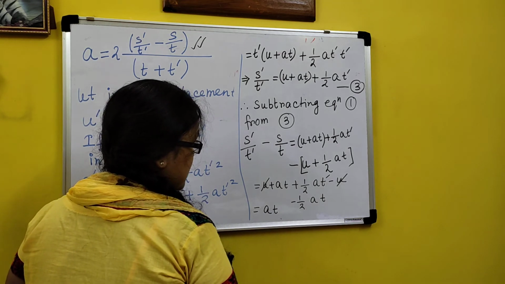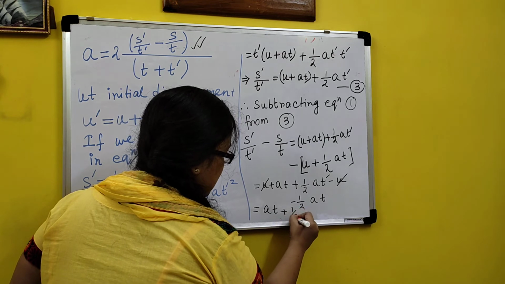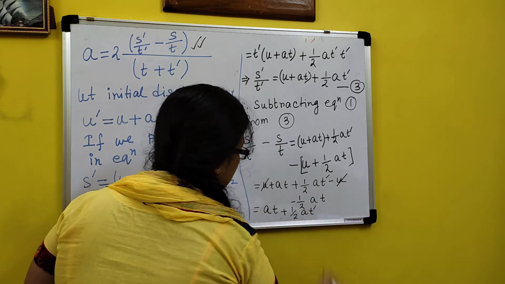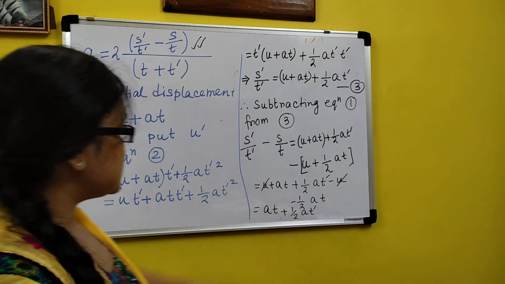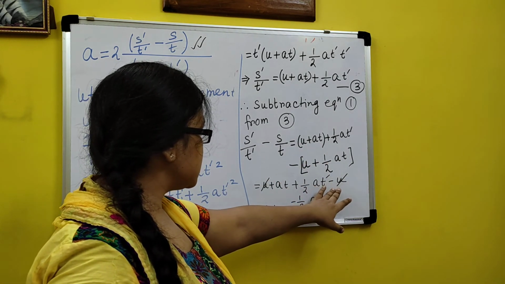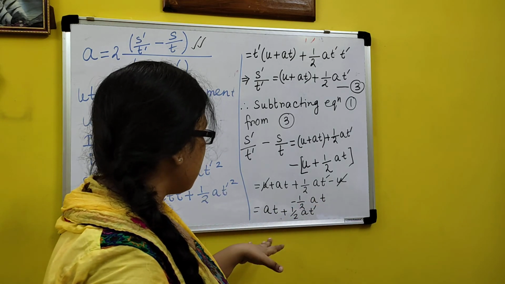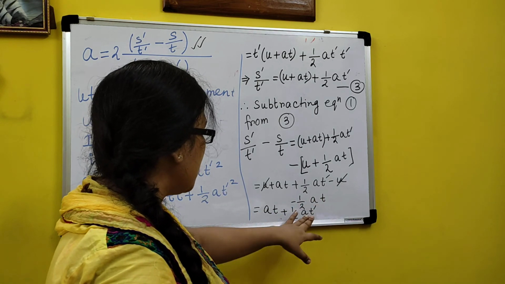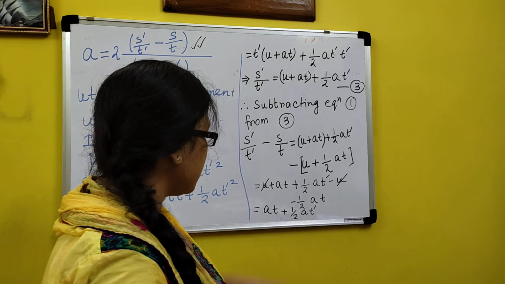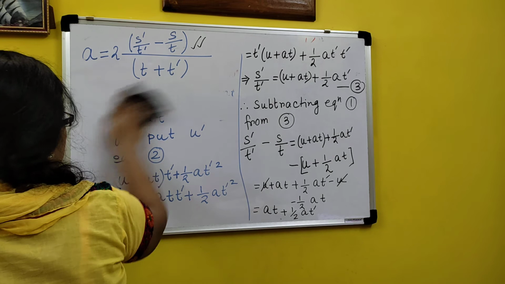At minus half at, only at will be there, plus half at prime. I am having here a common we are having.